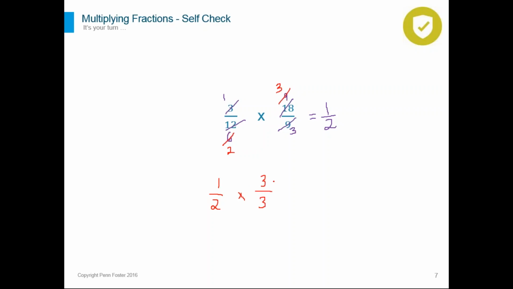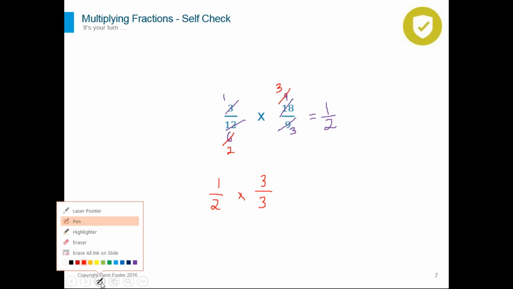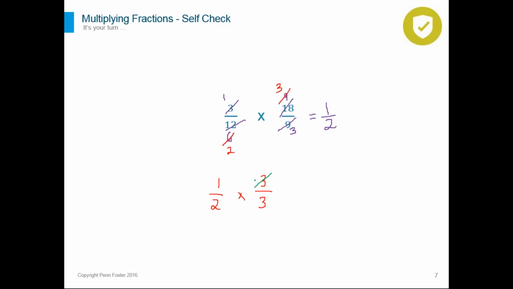Oh, I see 3 on the top and 3 on the bottom. I can eliminate that. 3 over 3 is 1, and 3 over 3 is 1. Now multiply across. 1 times 1 is 1. 2 times 1 is 2, and that's why the answer is 1 over 2.